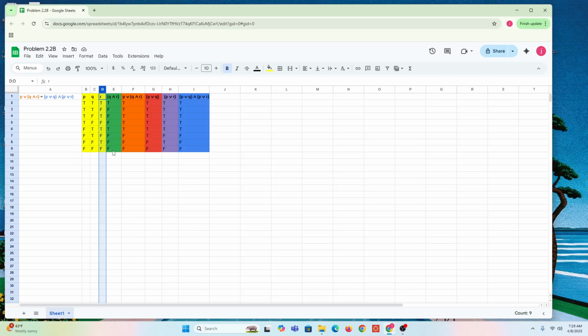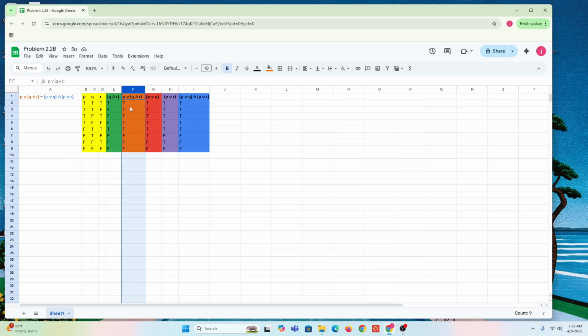So then I filled that out, and the next part that I moved on to is the P or Q and R. So that's the left half, and I've represented it here in this orange column.